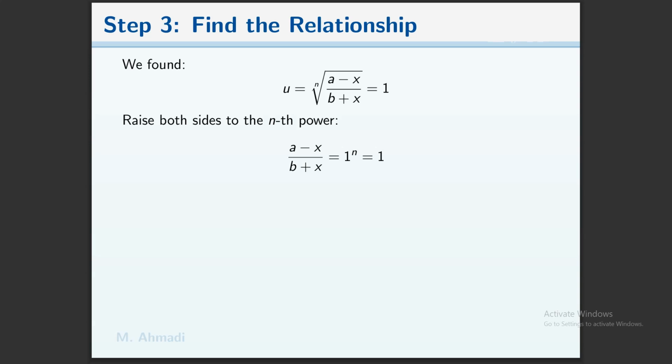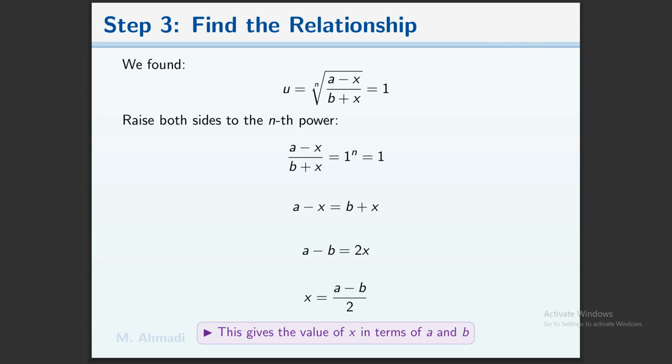So we have (a minus x) divided by (b plus x) equal to 1 to the n, which equals 1. So we can write a minus x equals b plus x. So a minus b equals 2x. And finally, we can write that x equals (a minus b) divided by 2.